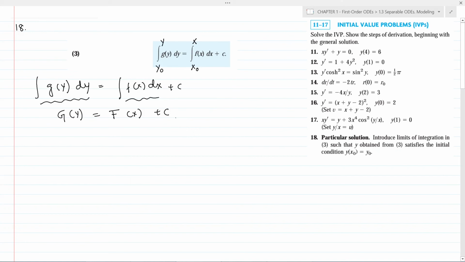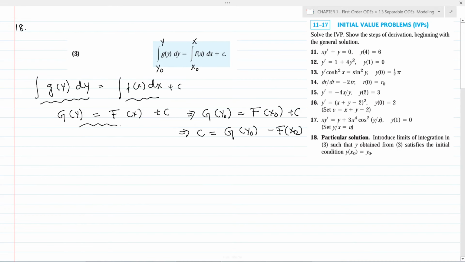Following our usual method, we can get the value of c by substituting the initial value condition in this equation, and this implies G of y naught is equal to F of x naught plus c, which implies c equal to G of y naught minus F of x naught.